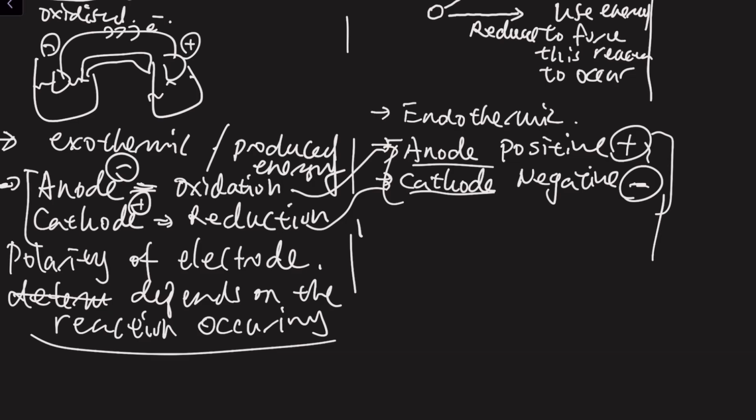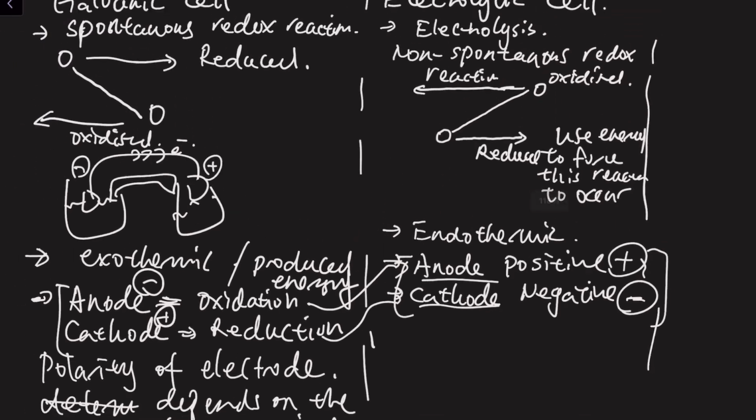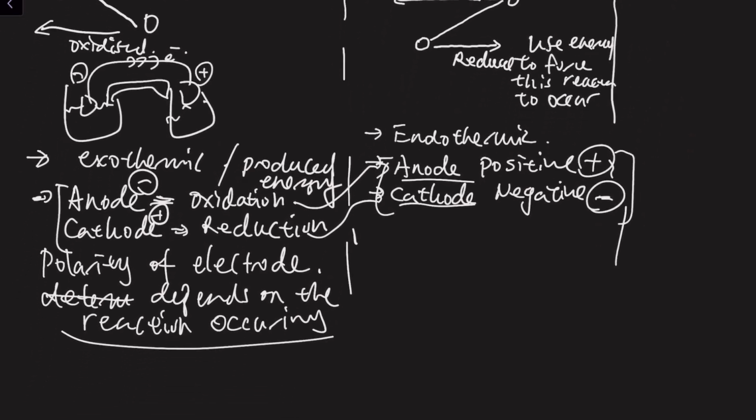So two different arguments based on two different scenarios. And the polarity of the electrode really depends on how the external power source is connected. So that's just a very broad overview. Let's now go into more detail.